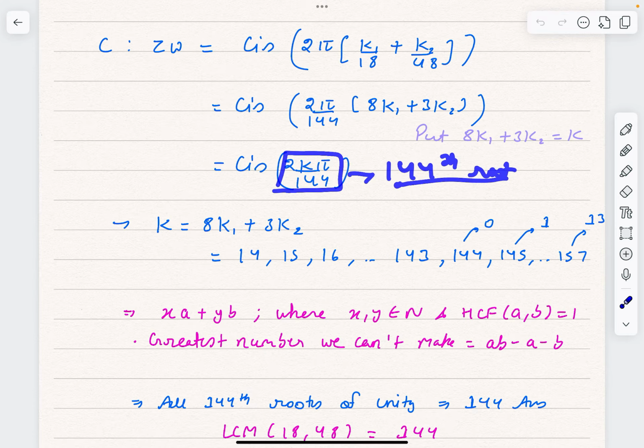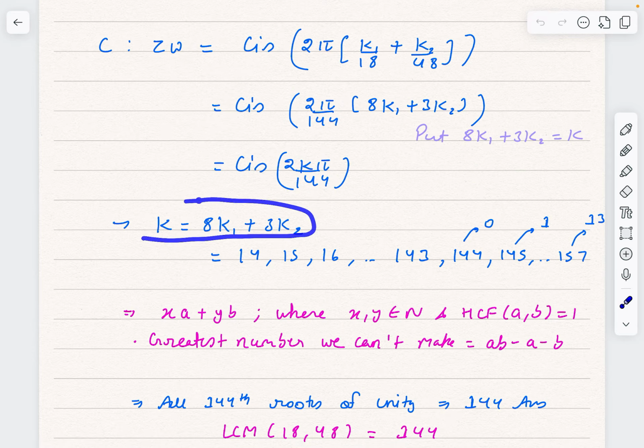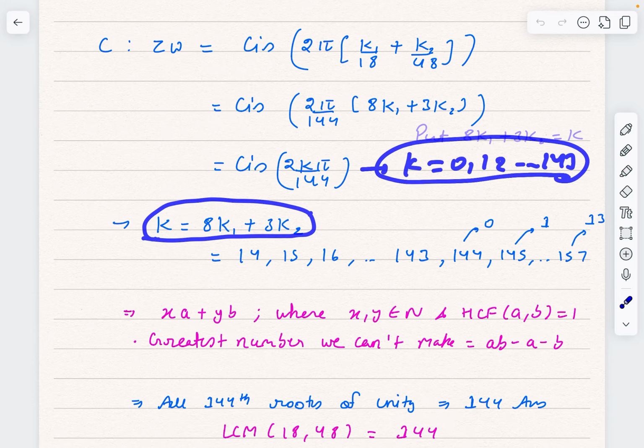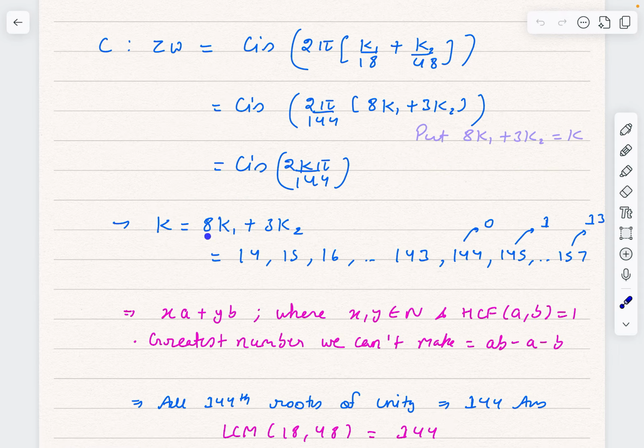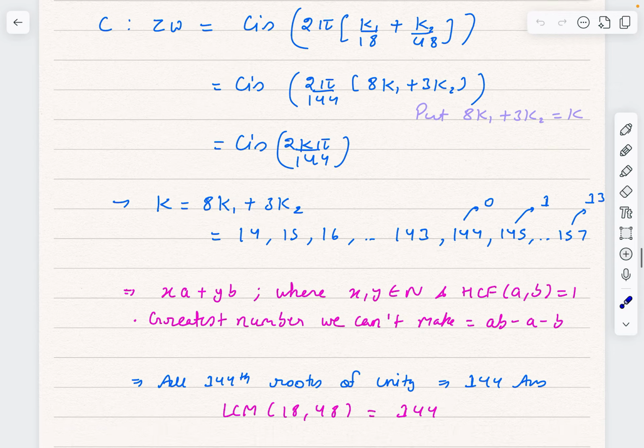So this number will be a 144th root of unity, but we have to see what values of k will be here. And k was 8k1 plus 3k2. If k goes from 0, 1, 2 up to 143, we'll have all the roots. So we have to see what values of k we can get from 8k1 plus 3k2. There's a small trick here.